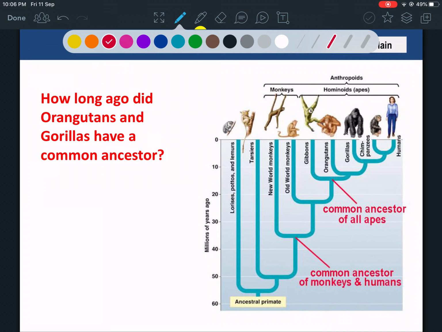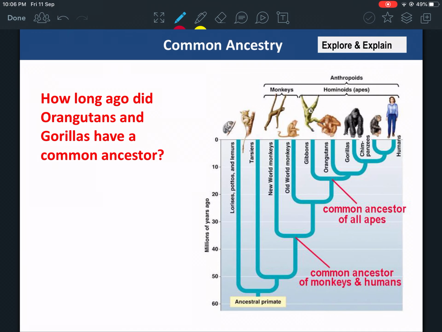How long ago did orangutans and gorillas have an ancestor in common? We're going to go here. These are orangutans, these are gorillas. We have to go from orangutans, here gorillas, and then it takes you back there, and then you check the time, because this is millions of years ago.